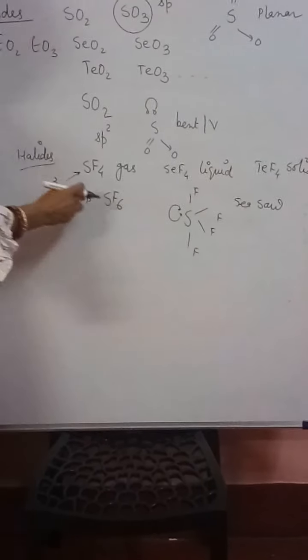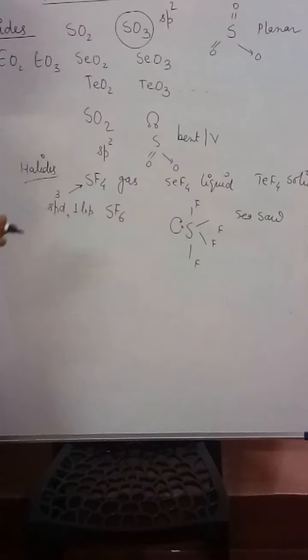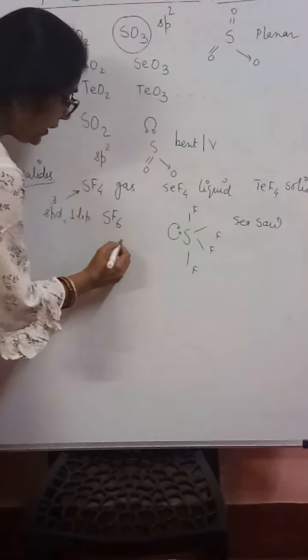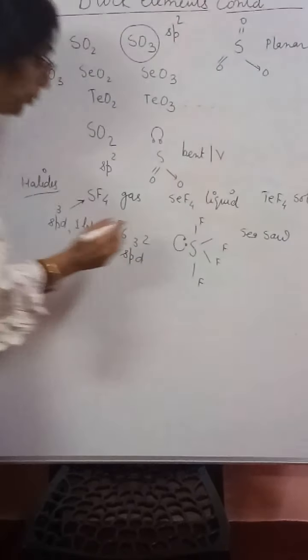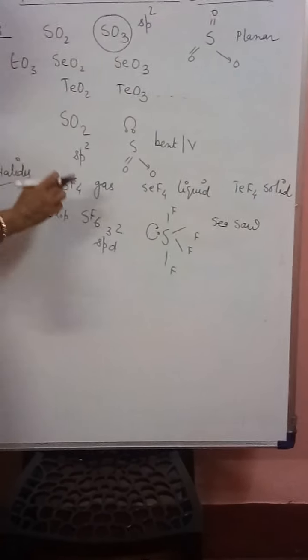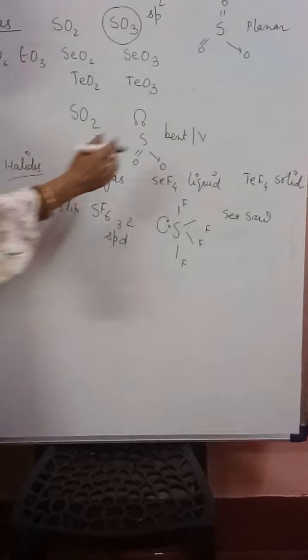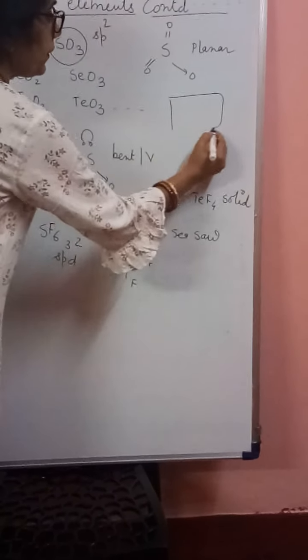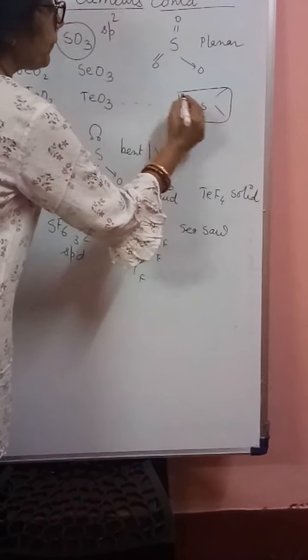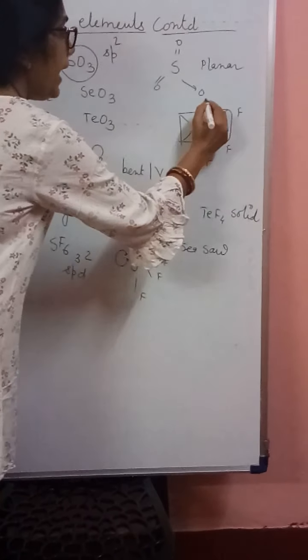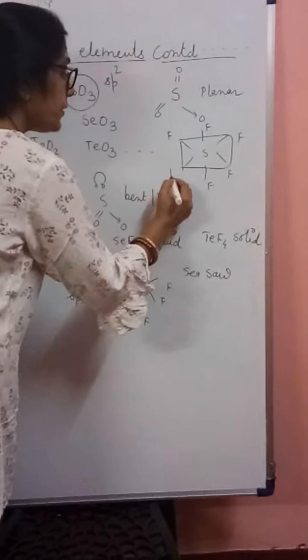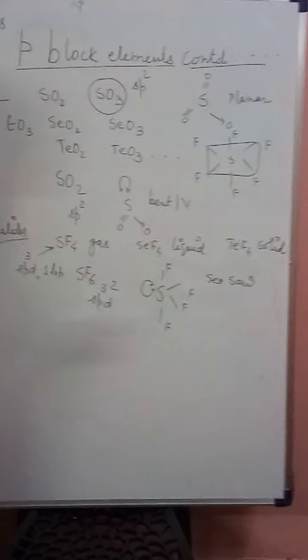Okay, and SF6 or any hexahalides, their hybridization is sp3d2. There is no lone pair, so sp3d2 without a lone pair, the shape will be octahedral, and this is also known as square bipyramidal.